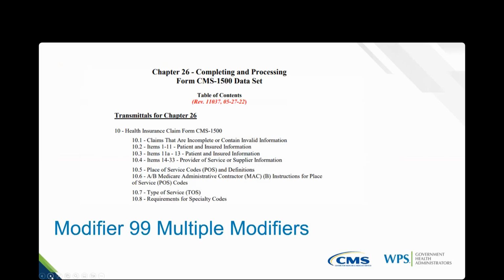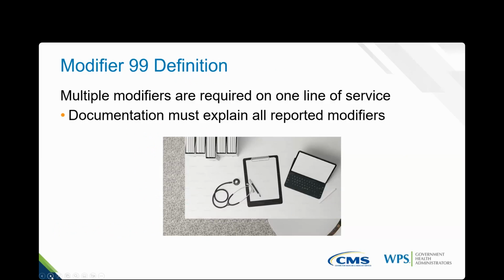That is modifier 99, and the description reads for modifier 99, multiple modifiers. So the next slide then shows the definition of this modifier. It is when multiple modifiers are used on one line of service.